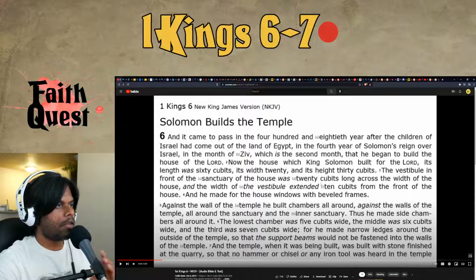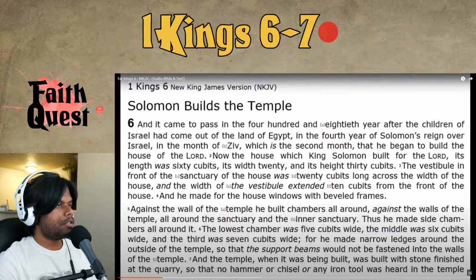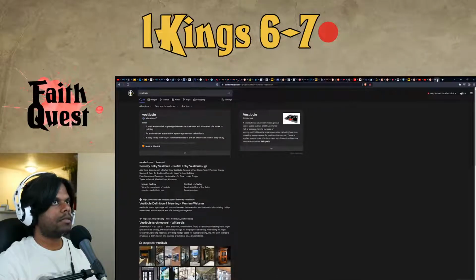Okay, we can guesstimate though. Okay, so we have here, its length was 60 cubits, its width 20, and height 30 cubits. Okay, so let me close this.